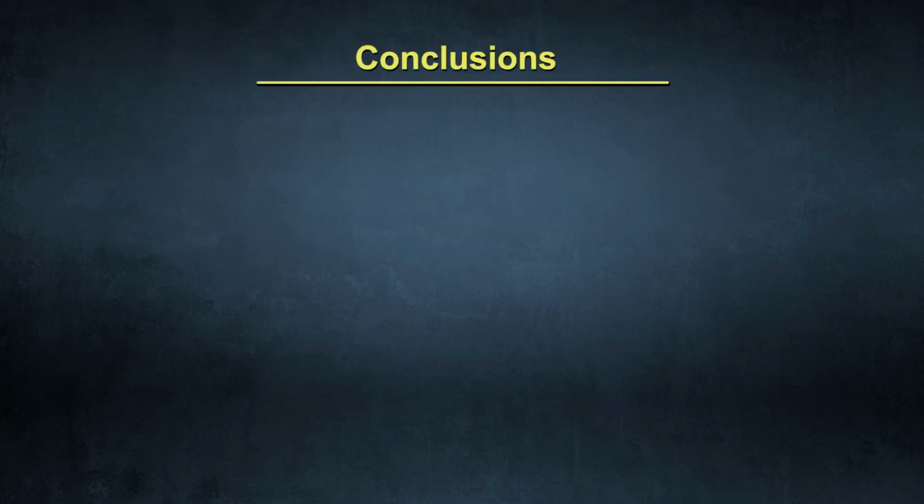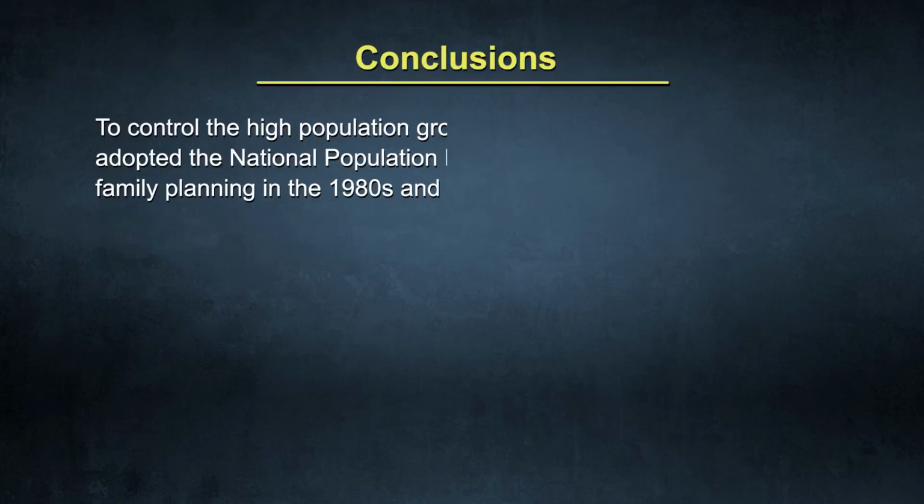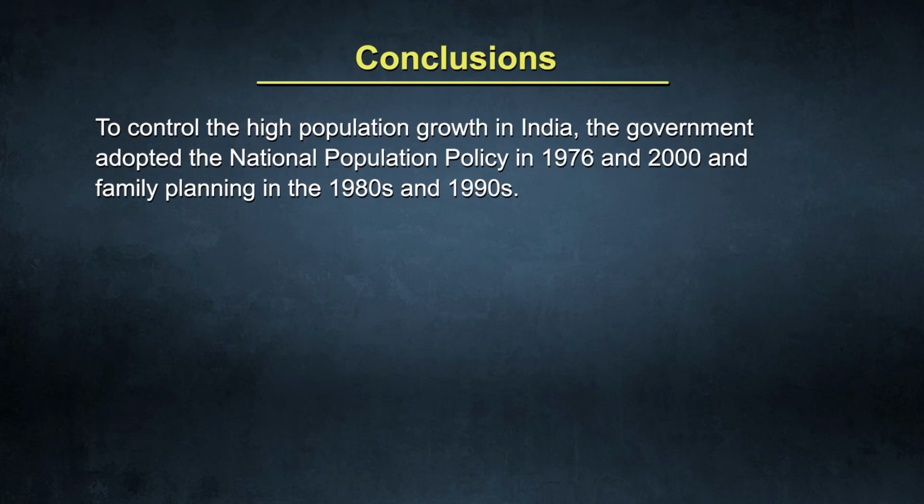Now we come to the conclusion. To control this high growth rate of population in our country, Government of India adopted two population policies. One is in the year 1976 and another is in the year 2000. Side by side, Government of India also introduced family planning in the 1980s and 1990s.